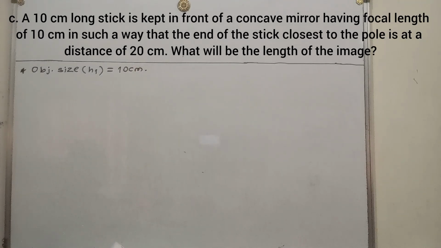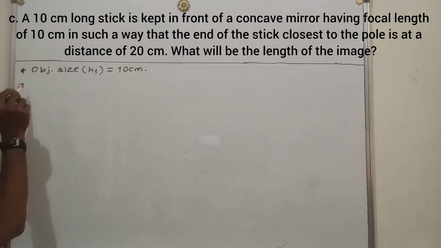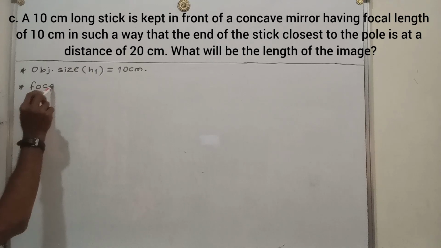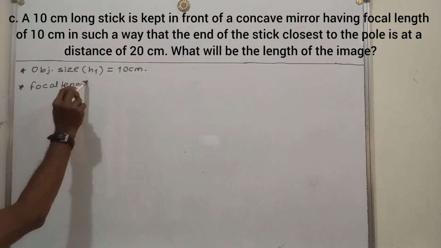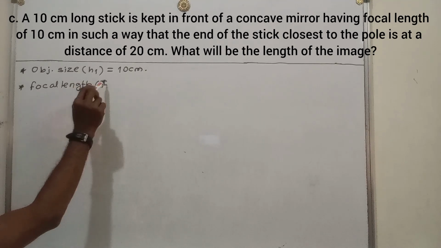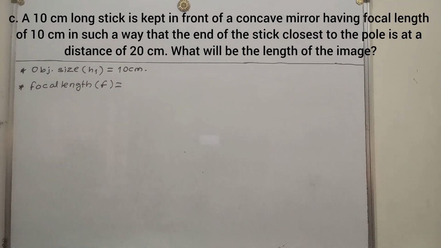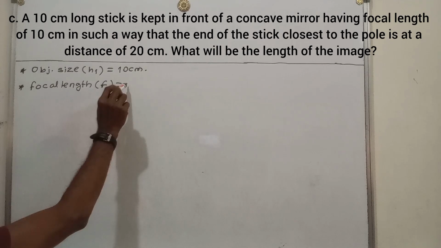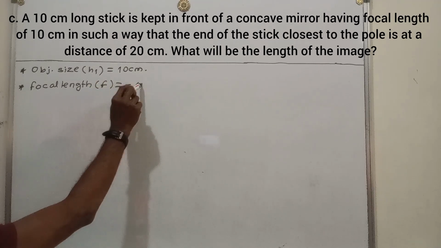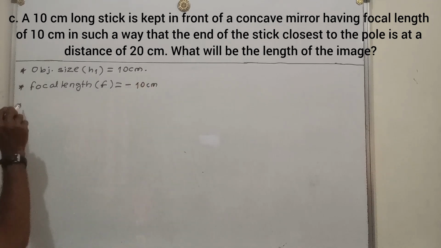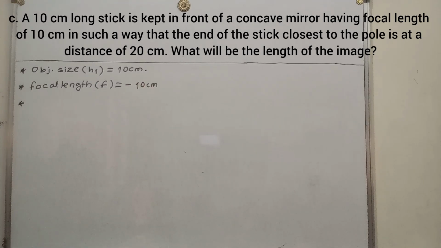Then concave mirror having focal length f, and this is concave mirror, so that is negative. What is focal length? 10 centimeter.